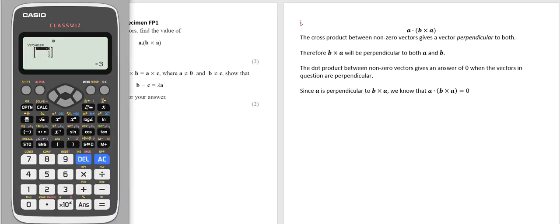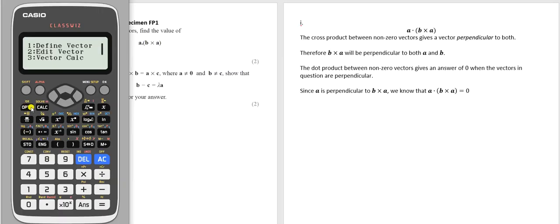Quick tip. The calculator's got a vector mode that you can apply. So if you wanted to test this out, you could just make yourself up a vector. Doesn't really matter what. Let's make vector A 1, 2, 3. Let's define another vector. Vector B can be 5, 7, minus 2, just so they're fairly different vectors to each other.